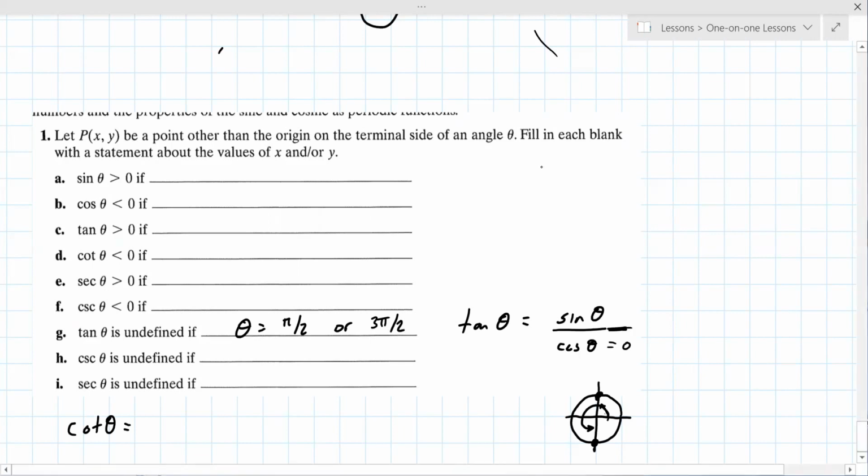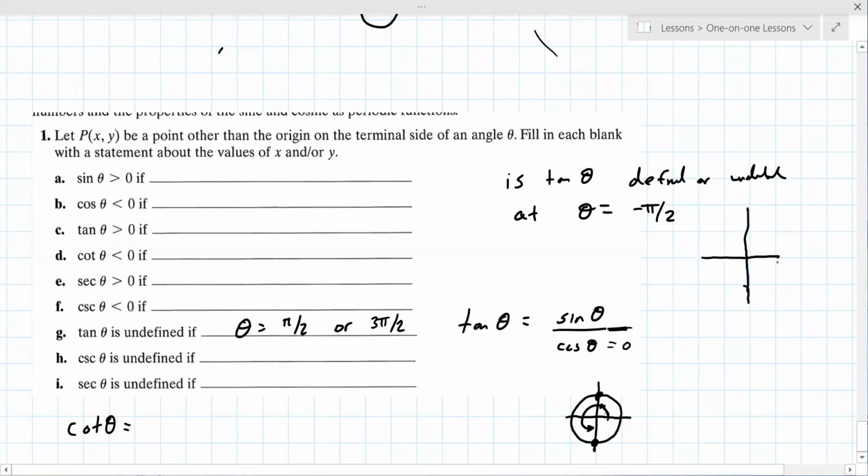Now, what if your instructor said, is tangent of theta defined or undefined at theta equals minus pi over 2? Do you understand that these are positive angles and that these are negative angles?